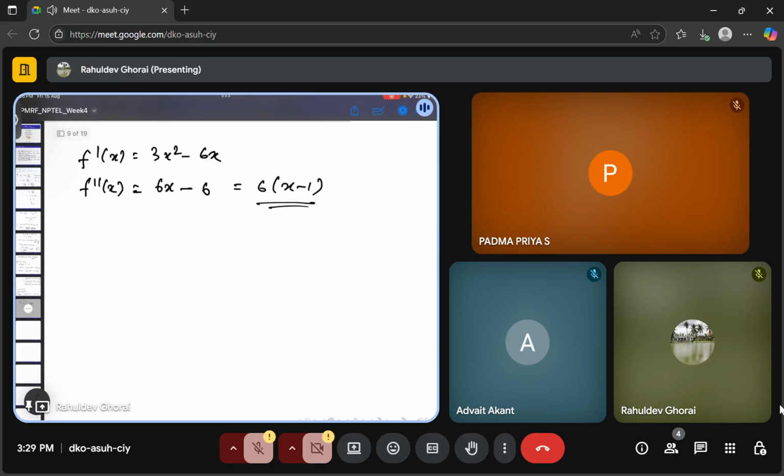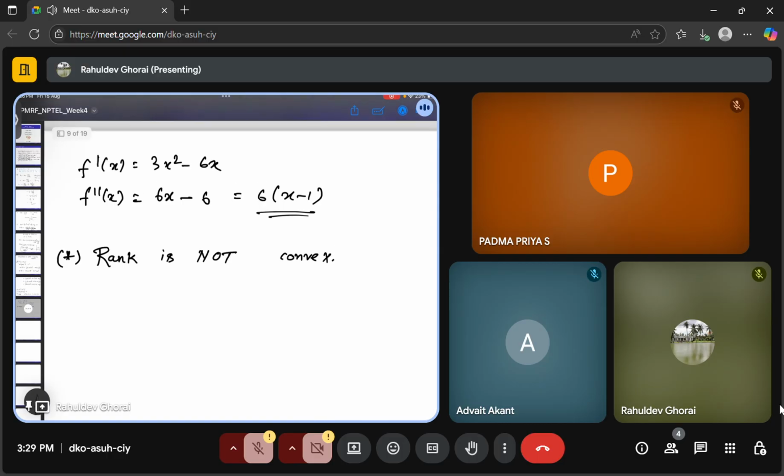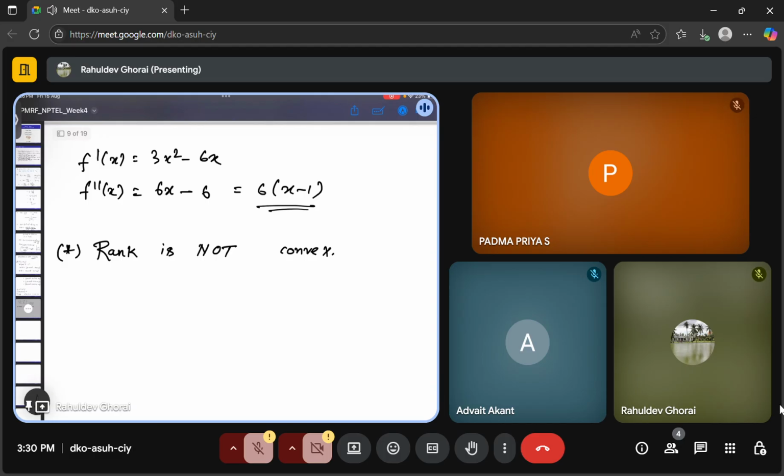Knowing all these things, something is there which I would like to say. Rank is not convex. What is the meaning of that? Rank of a matrix can be interpreted as a function, right? An n cross n matrix will have a rank.